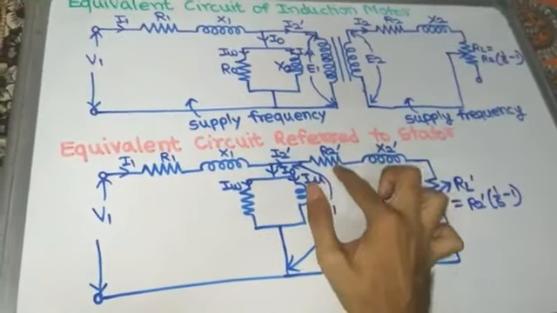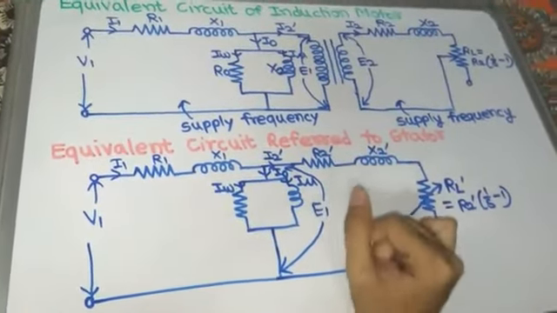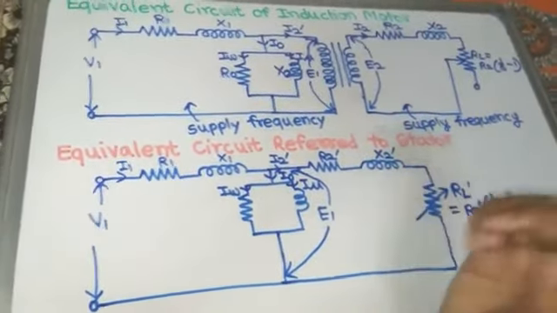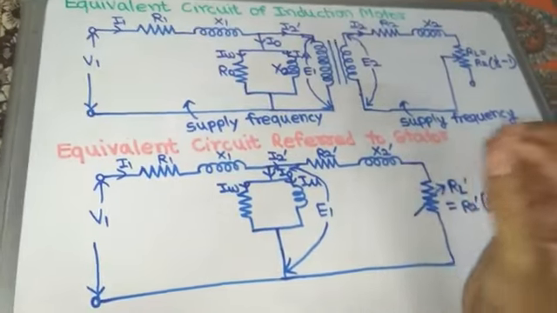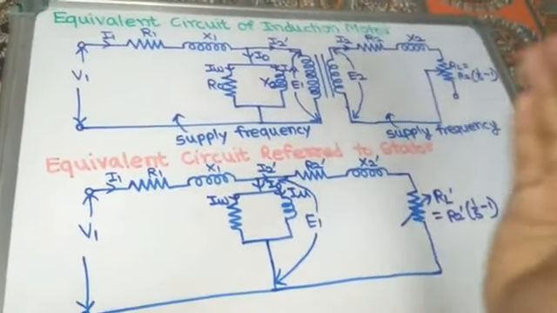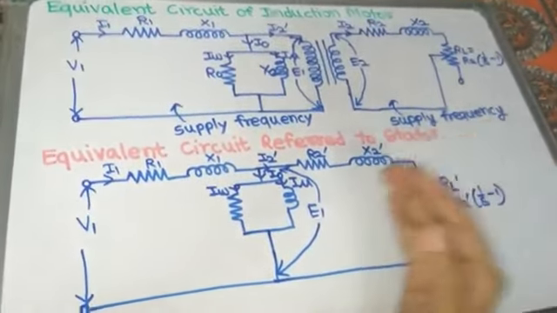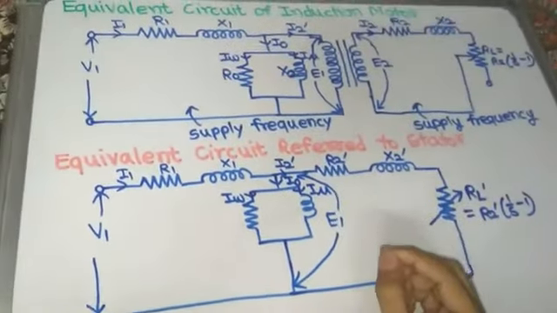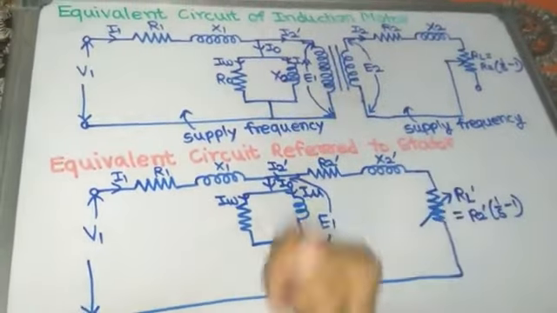So what is the value of R2 dash according to the transformation ratio? In the transformer we also saw the equivalent circuit of a transformer referred to the primary winding.